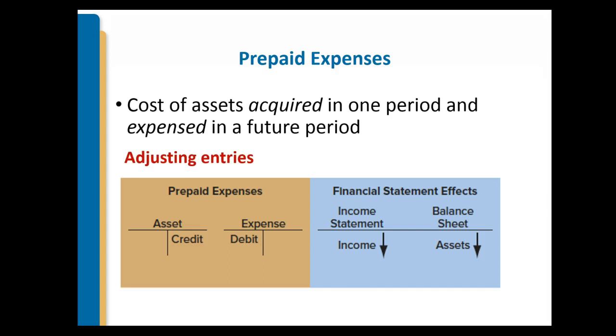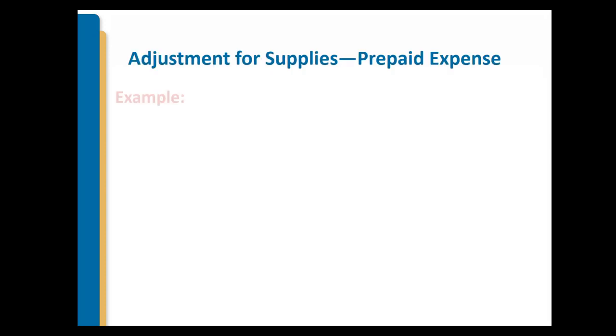So the adjusting entry for a prepaid expense is a debit to an expense and a credit to an asset. We're increasing the expense and we decrease the asset. Ultimately, it helps to reduce our net income, but it will also reduce the asset balance in the balance sheet.